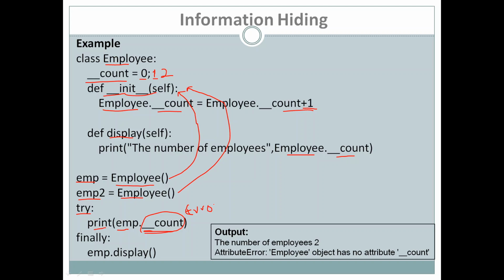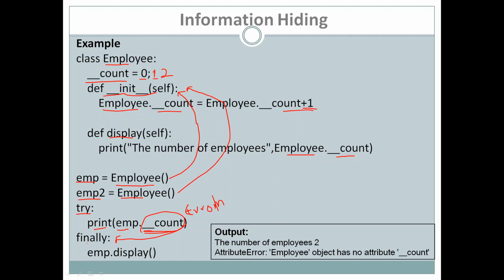it is a private variable, and as per the meaning of a private variable, the count variable can only be accessed within the class, not outside the class. When you try to access this outside the class, it is going to throw an exception, and when it throws an exception, it will go to the finally block, because we do not have an except block here, but we have a finally block.